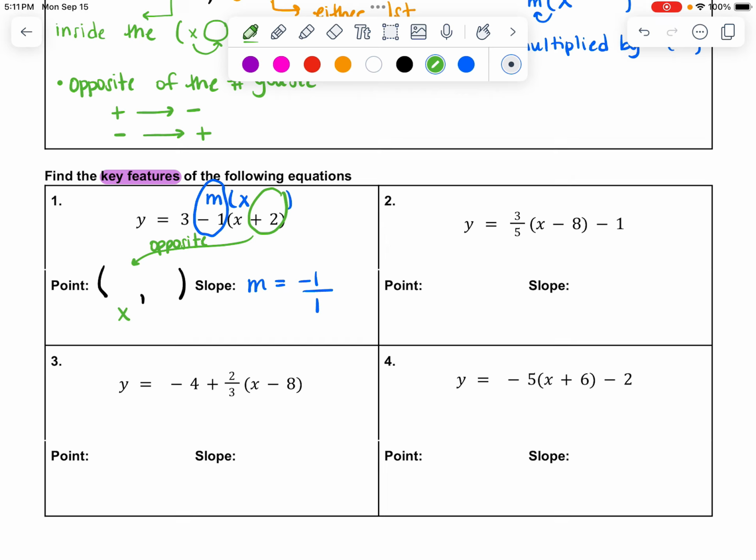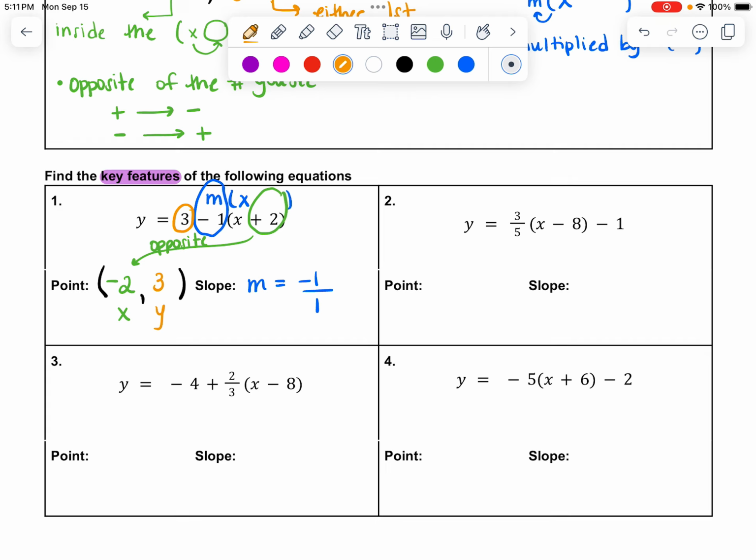So since I see a +2, I'm going to write down a -2. The y number is whatever number you didn't already use. In this case, it's the 3. It's the first number in the equation, and I didn't use it for my slope or for my x. So that means it must be my y.